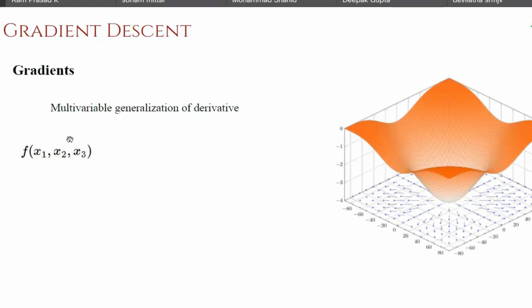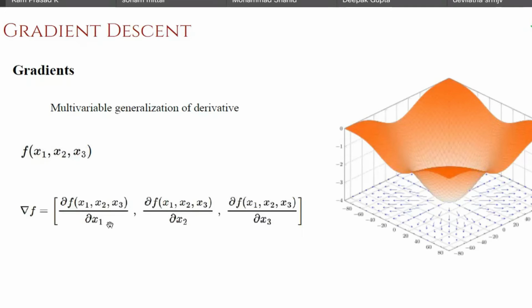So you have to bring in partial derivatives, and partial derivatives are represented using this dou symbol. This is the partial derivative of this function with respect to x1. That means you keep x2 and x3 constant, apply a small change to x1 and see how the output of the function is influenced. This is the partial derivative of the function with respect to x2.